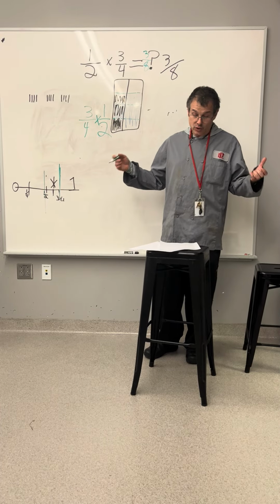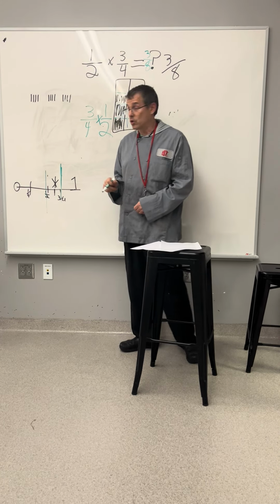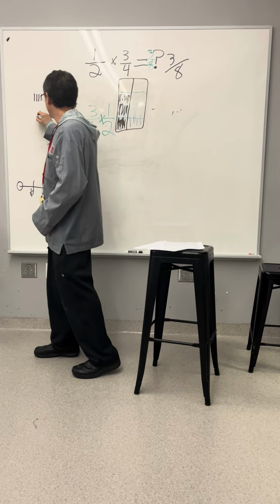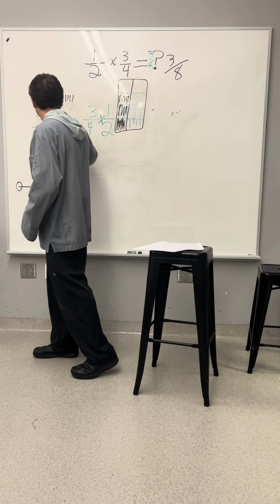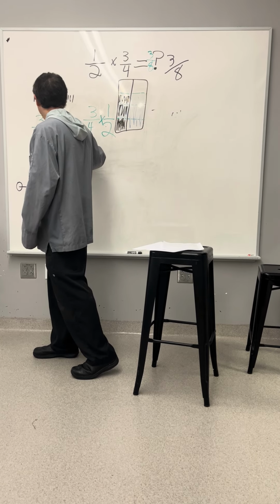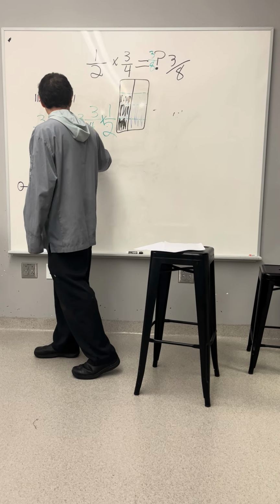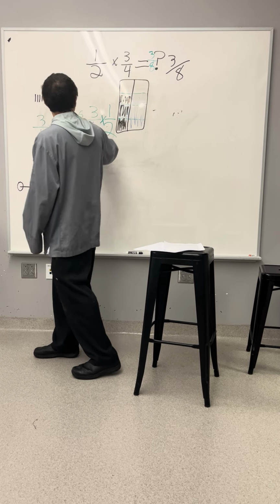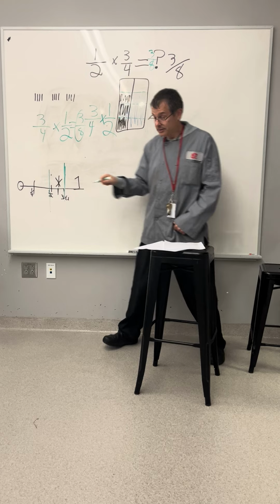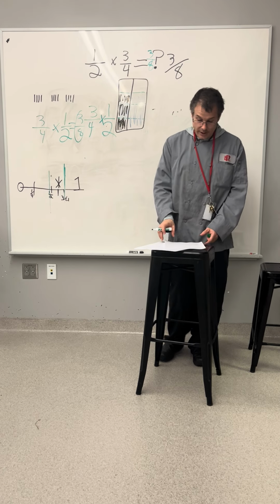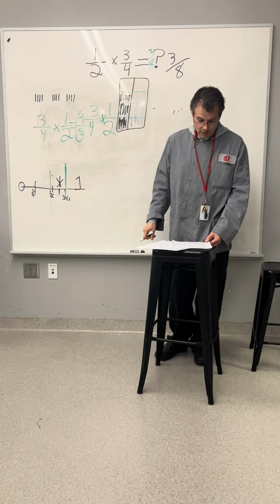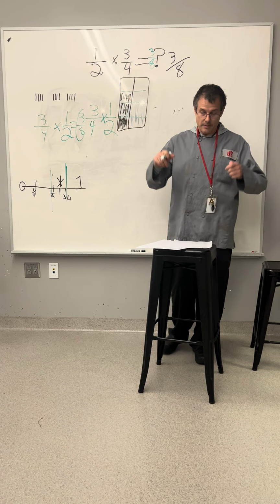Same answer, different picture, different story. Let's do the shortcut to make sure it still matches, right? 3/4 of a mile times half. We're doing half of our run. 3 times 1 across equals 3. 4 times 2 across equals 8. 3/8. Same answer, different picture, different manipulative, right? Concrete example.